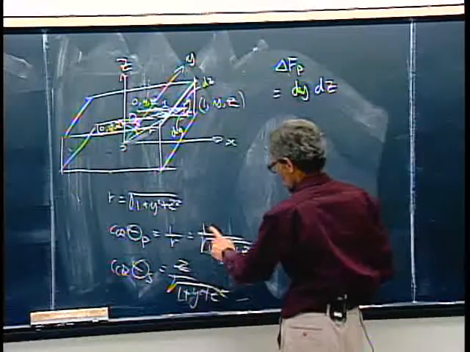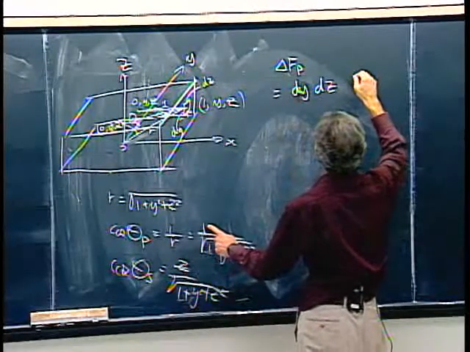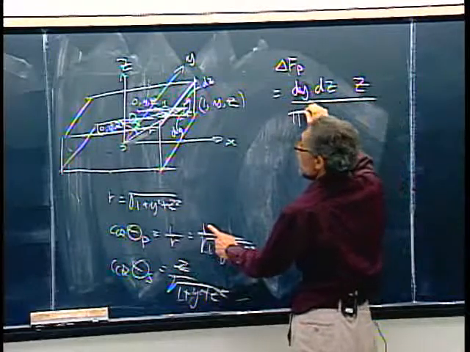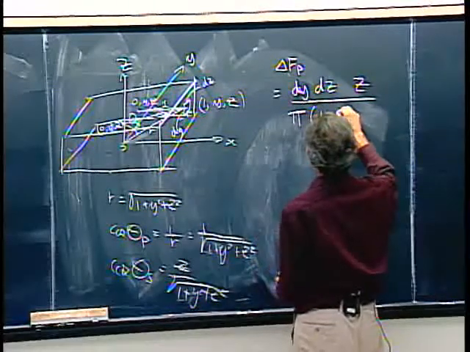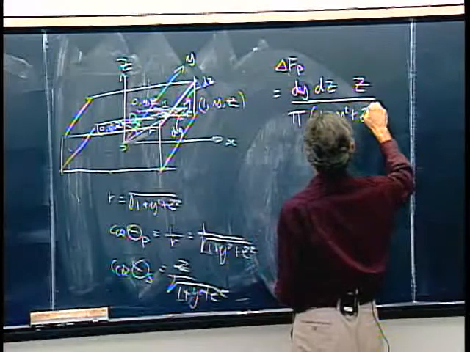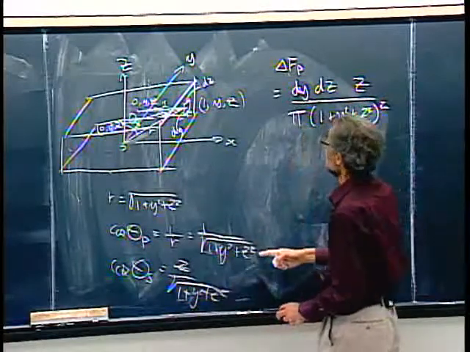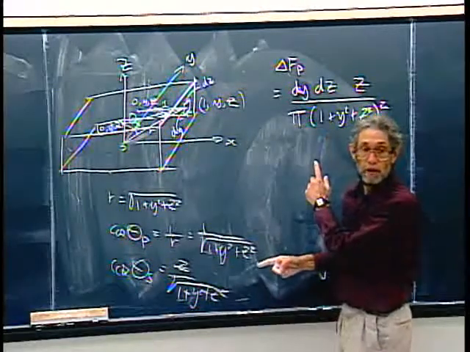I have a z and a 1, so I'm going to get a z here, and now I'm going to have pi times 1 plus y squared plus z squared, squared. 2 of the square roots from here, and 2 for the 1 over r squared.